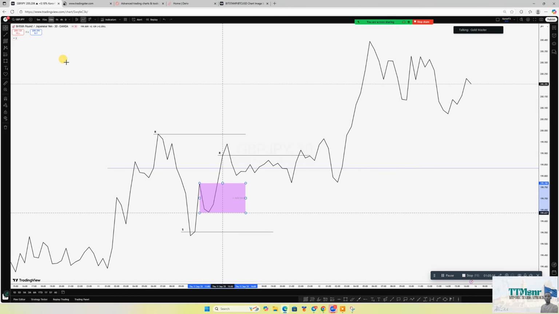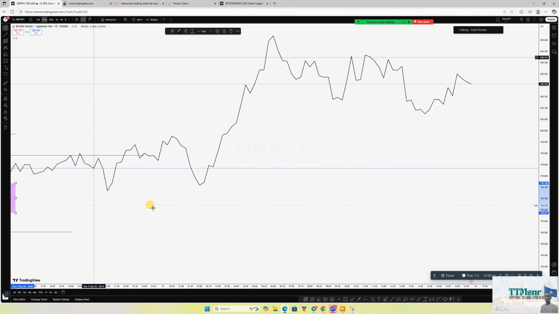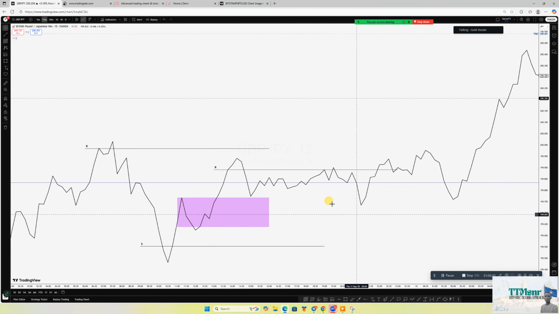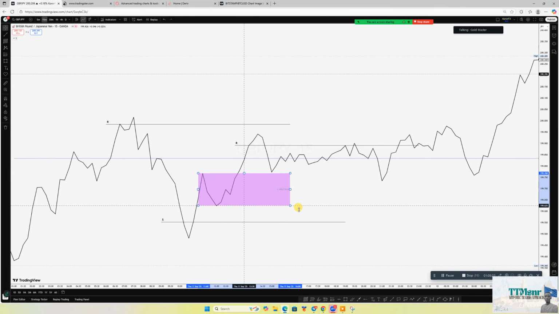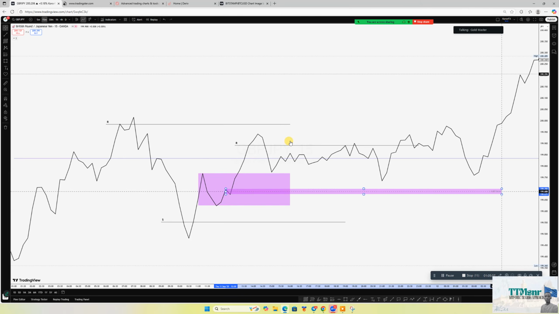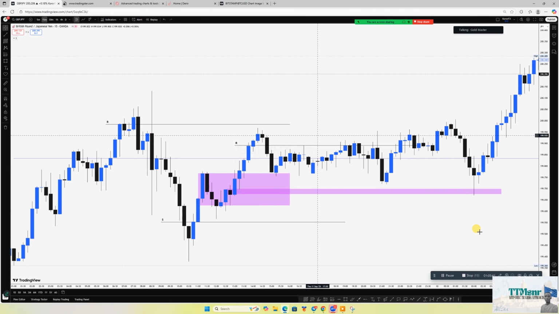For example, if I go 3 time frames lower, you can find a zone inside. I don't know if the market will touch here, but the refinement zone will be this one. You guys can see, right? Here, boom, and then this is where the market will come.